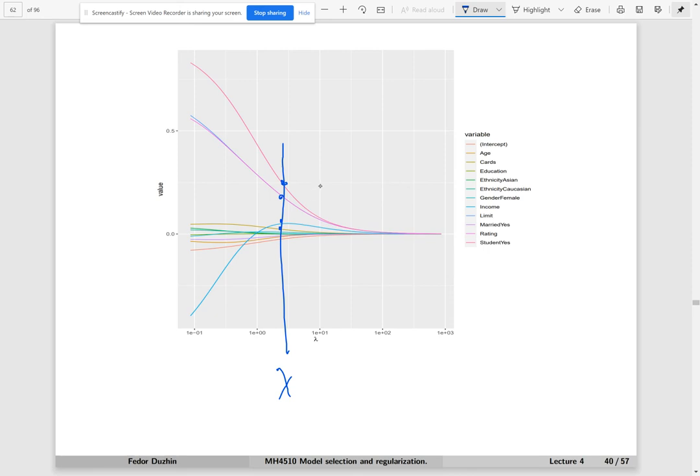So essentially, this is my beta hat. And we can see that when lambda changes from small to large number, these coefficients become smaller and smaller. Which is why it is called a shrinkage method. And this is very reasonable. This is what we expect to find.